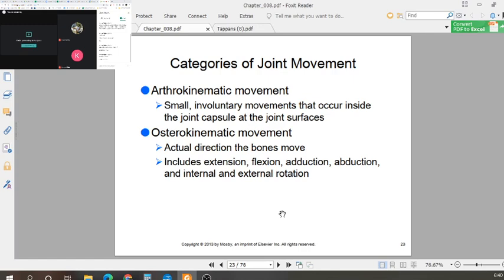Okay, arthrokinematic is involuntary movements that happen inside the joint capsule. So at the joint surfaces, those movements. Rolling, sliding, spinning over each other. So that's going to be where the two bones meet, arthrokinematic. There is joint play, which is, you've got to have a little bit of ability to move to function.